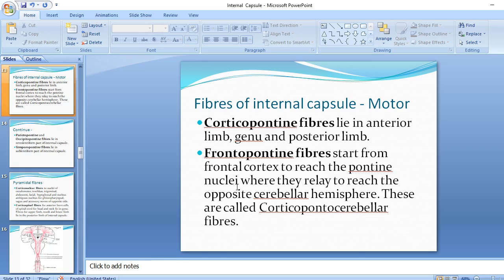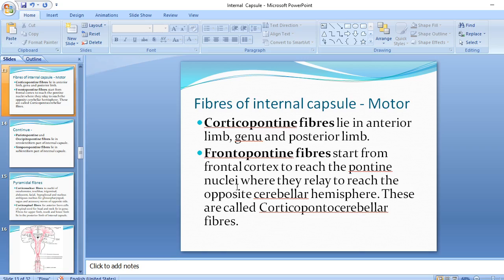These fibers form part of the corticopontonuclear pathway, and that way the information to the cerebellum from the cerebral cortex goes on the contralateral side.